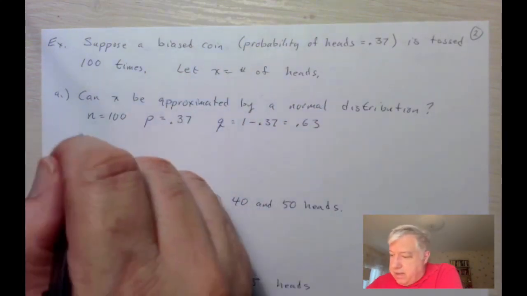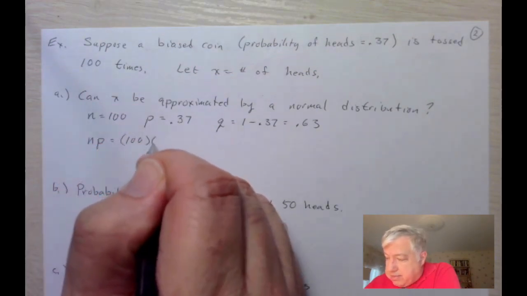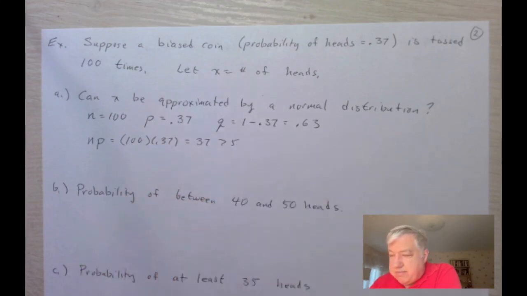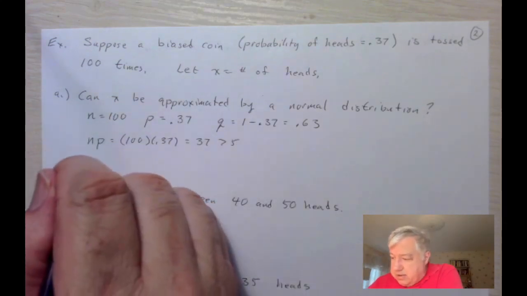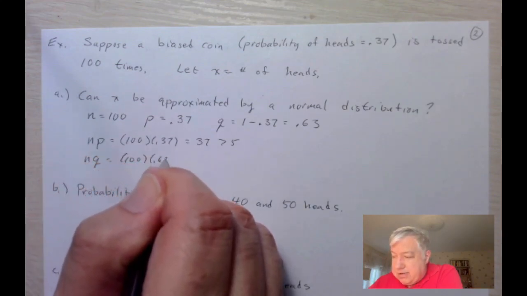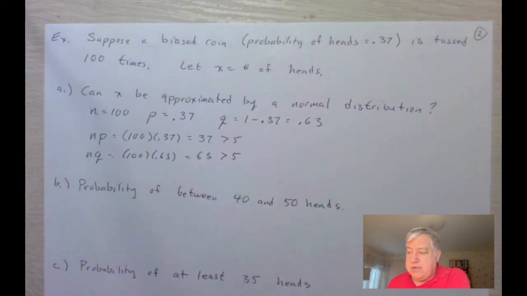Then np would be 100 times 0.37, which is 37. That's certainly greater than 5. And nq would be 100 times 0.63, which is 63, and that's bigger than 5. So the answer is yes.